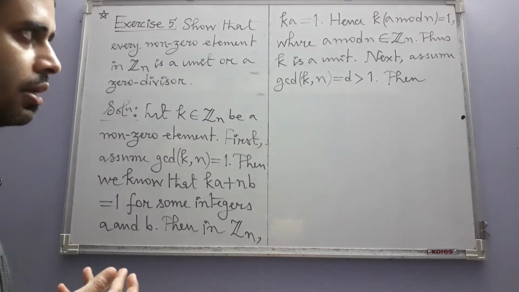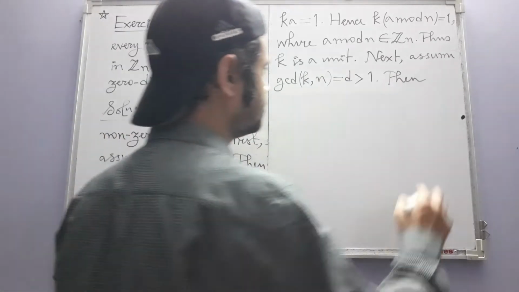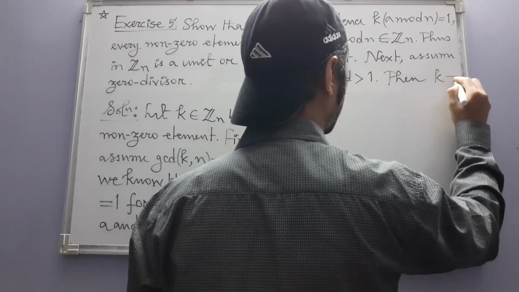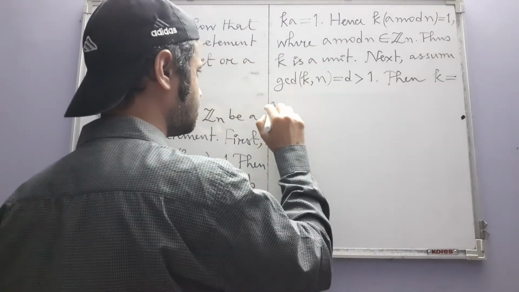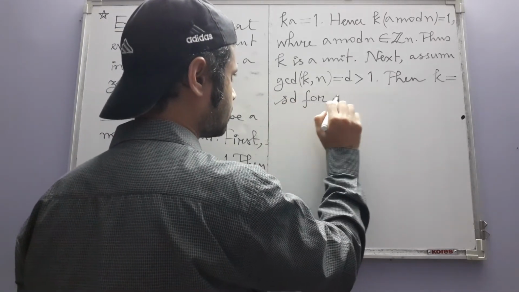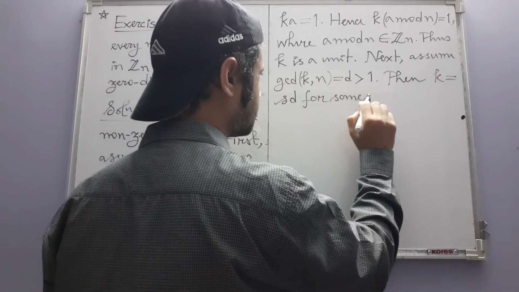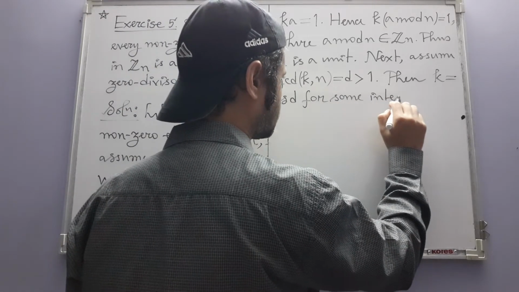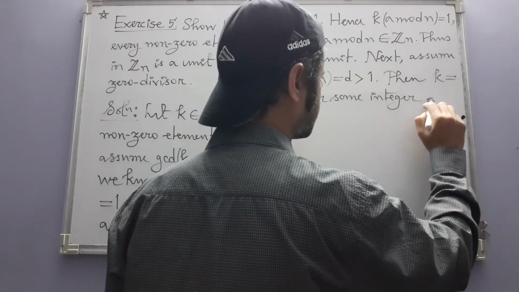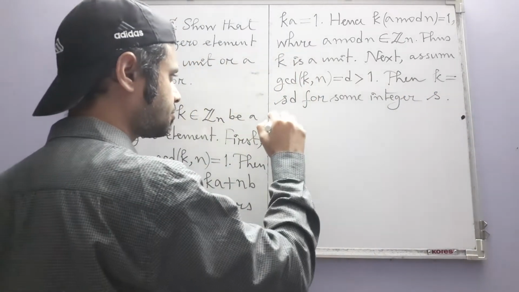So k will be a multiple of d. Then k will be equal to sd for some integer s.